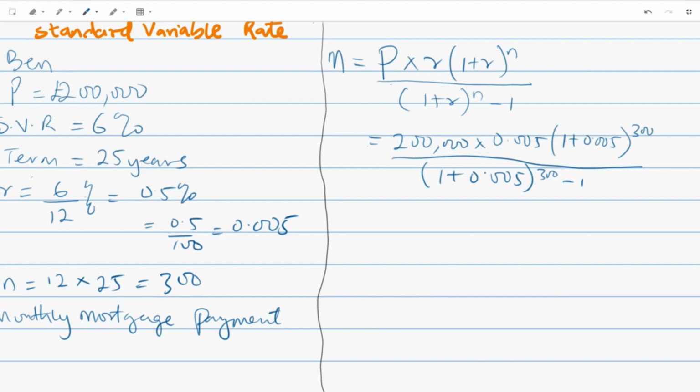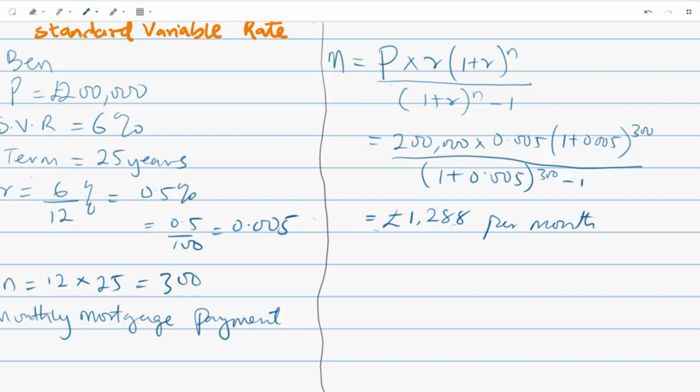Now, if you do this calculation accurately, you should end up with approximately £1,288. So this should be the amount per month that Ben would have to pay.